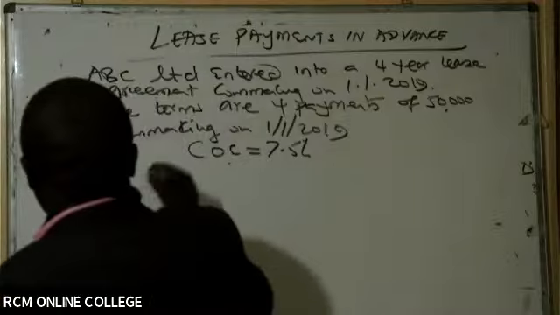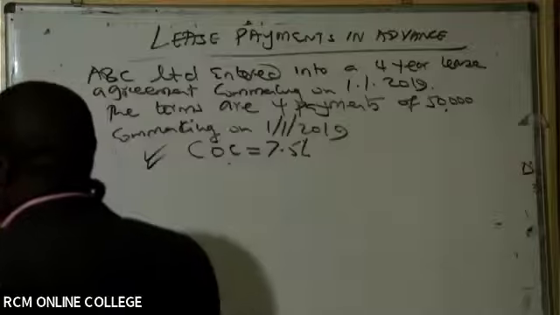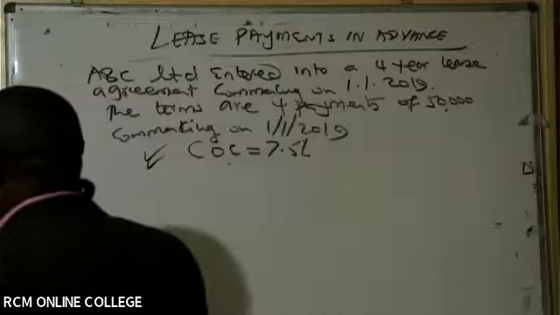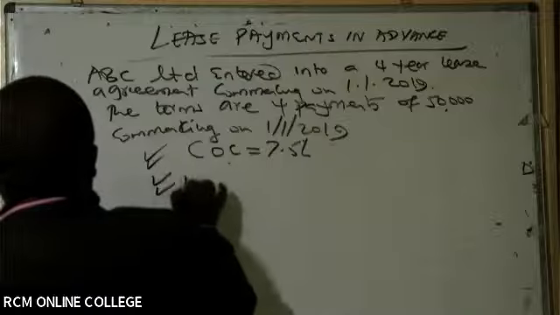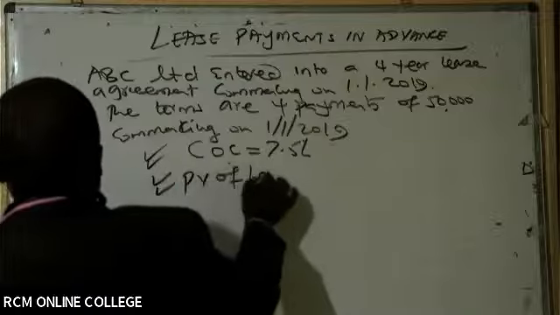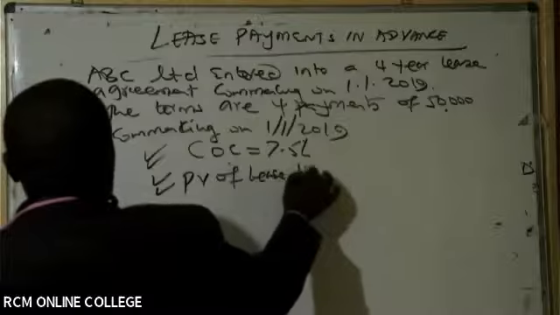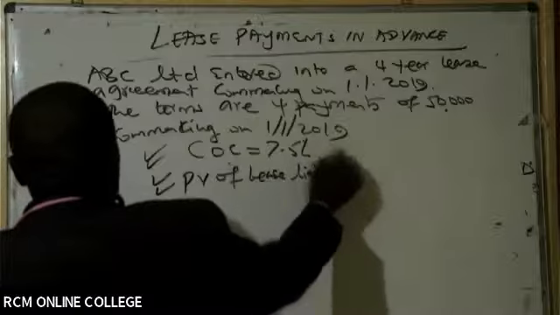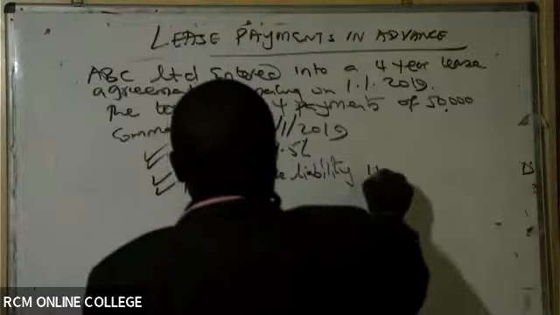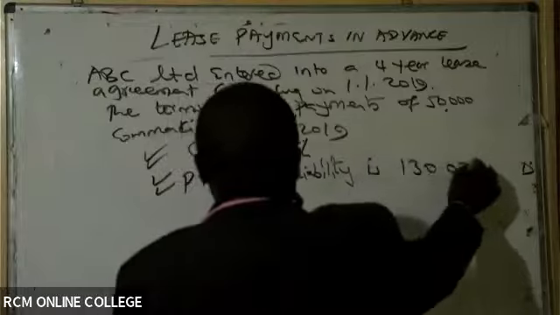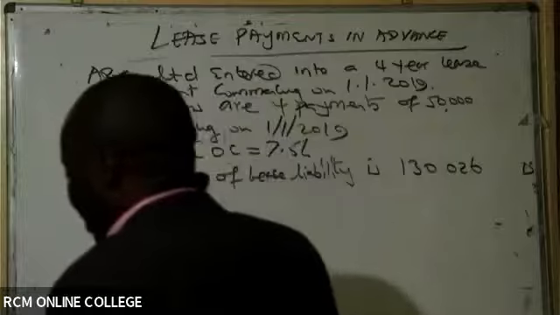And then they have given us the present value of lease liability, which is 130,026.